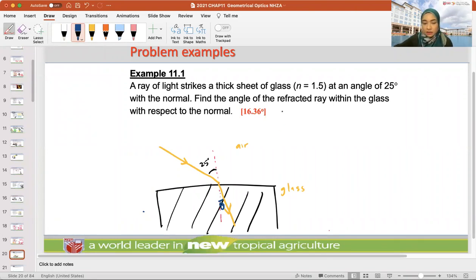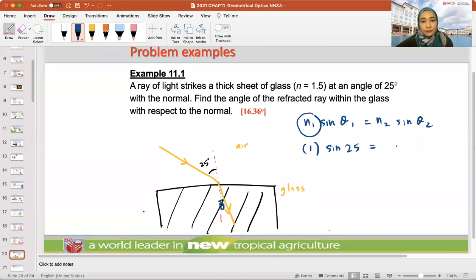Using Snell's law, n1 sine theta 1 equals n2 sine theta 2. Snell's law is specifically for refraction of light. n1 refers to the medium where the incident light is. So air, we know that air is going to have 1. From approximation, air is more or less like vacuum, so we're just going to say it's 1. Sine theta 1 is 25, and n2, glass, is 1.5.